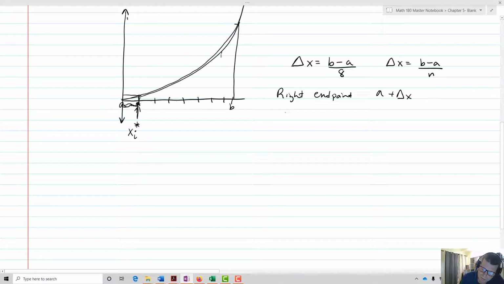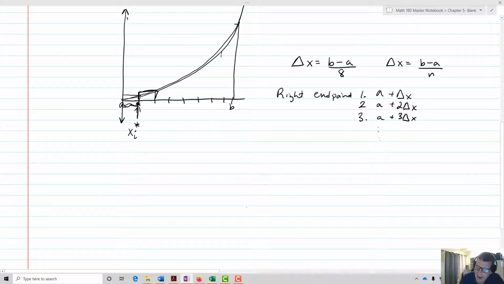To get to the second right endpoint, it's going to be a plus 2 delta x. To get to the third one, it'll be a plus 3 delta x, and so on and so forth.